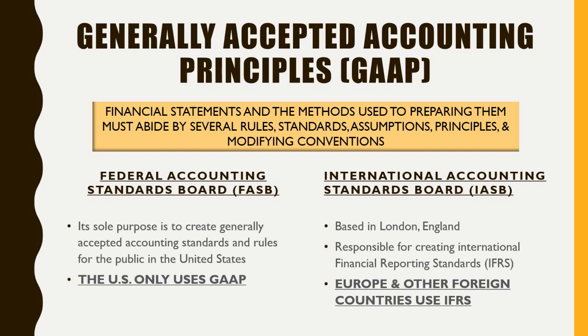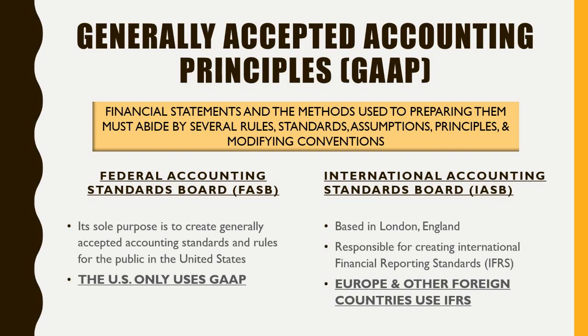Especially for financial statements and any processes, basically how to journalize and things, all those rules are created by FASB. FASB is the Financial Accounting Standards Board. FASB for short. Now what they do is they create a series of rules and guidelines that governs the way you do accounting.